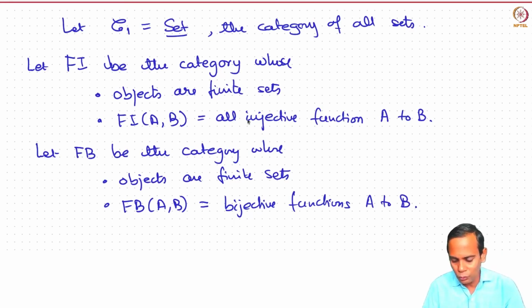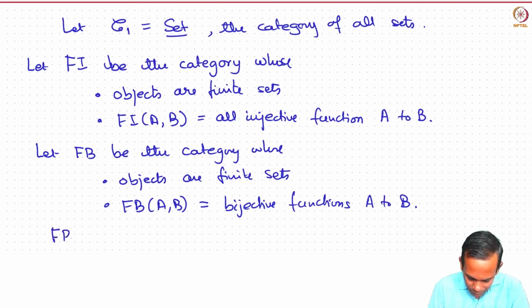You just need to note that a composition of injective functions is injective, and of course the identity function is injective, and the composition of bijective functions is bijective and the identity function is bijective. Then we have a hierarchy of categories here. Fb is a subcategory of Fi, and Fi is a subcategory of the category of sets.